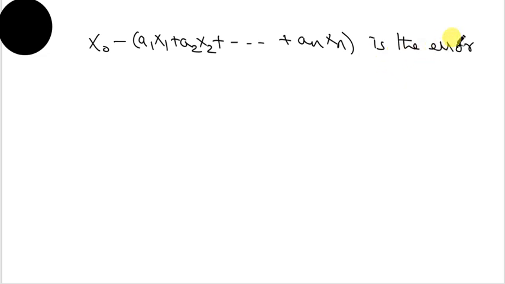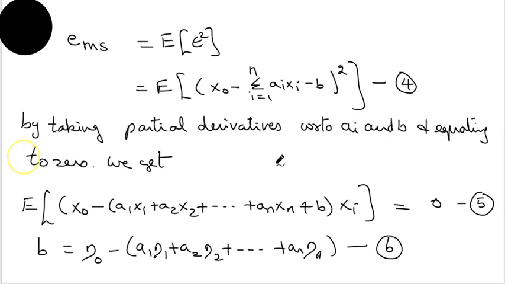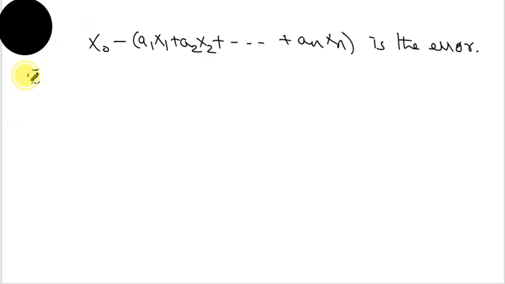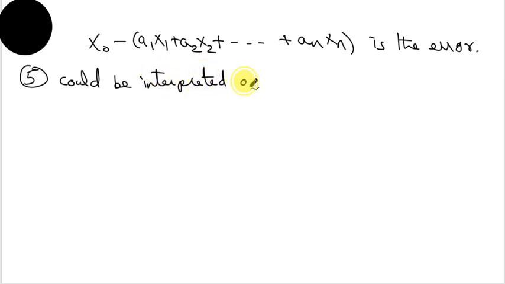Now, one more thing I would like to tell you is that this equation number 5 could be interpreted as: the error is orthogonal to each member of the data.